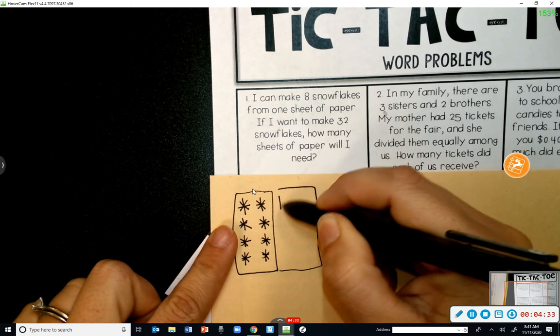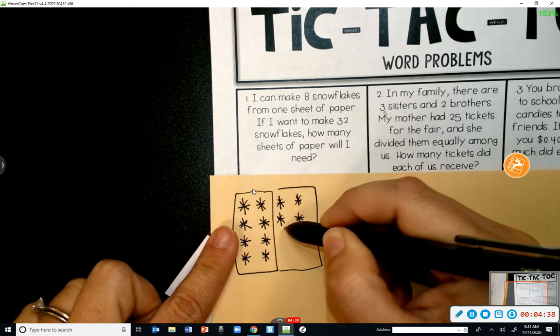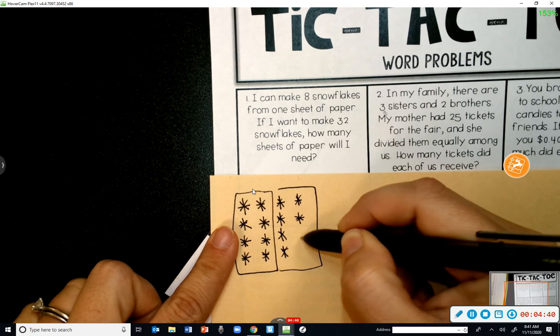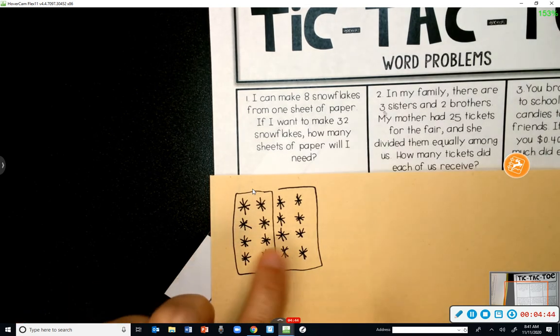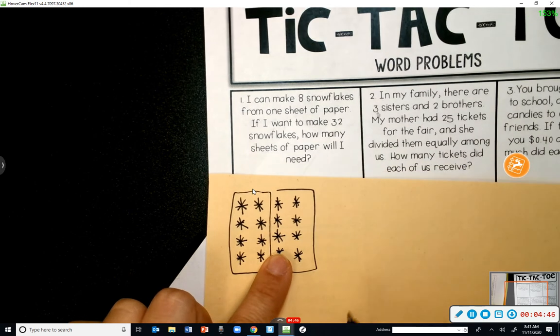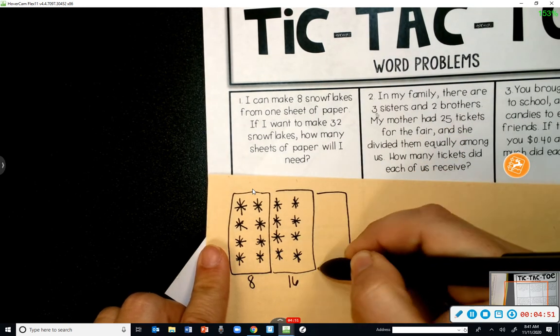So this would be 9, 10, 11, 12, 13, 14, 15, 16, okay? So that's 2 groups of 8, and I only got to 16. So I'm going to draw another group of snowflakes.